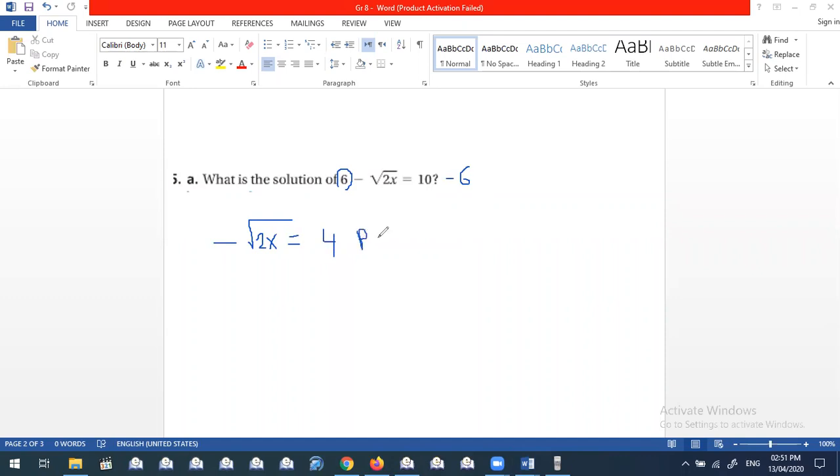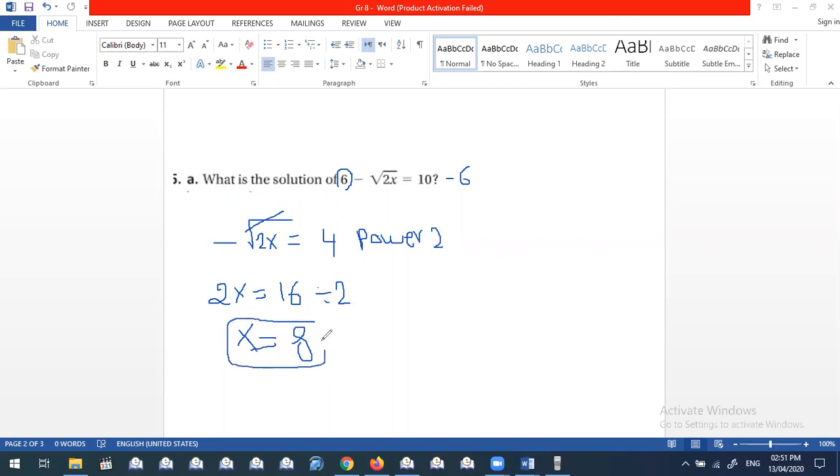Make power 2 for both sides. So cancel the negative and also the square root. It will be 2x equals 4 power 2, which is 16. Divide by 2 to find x. So x equals 8.